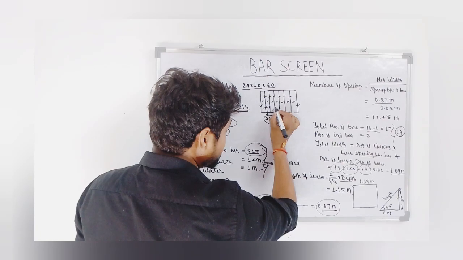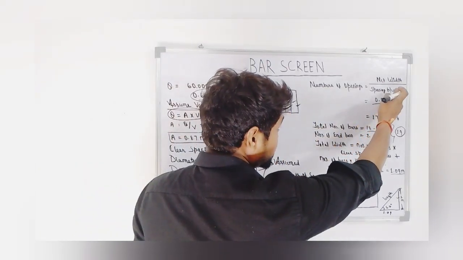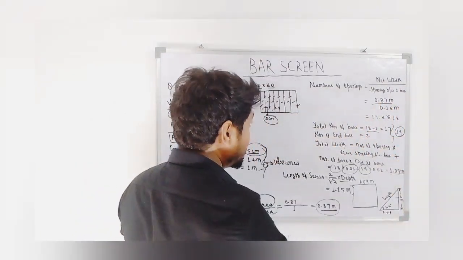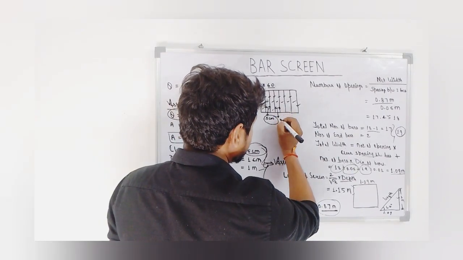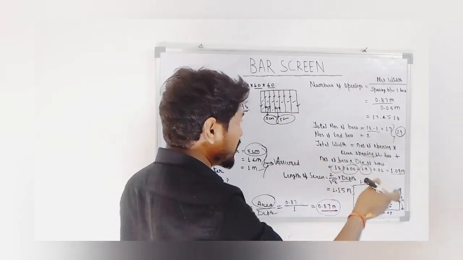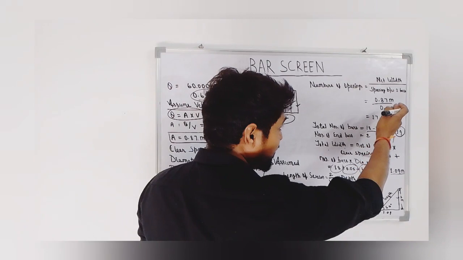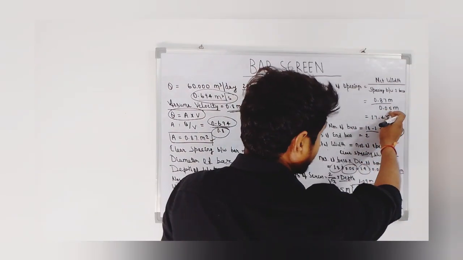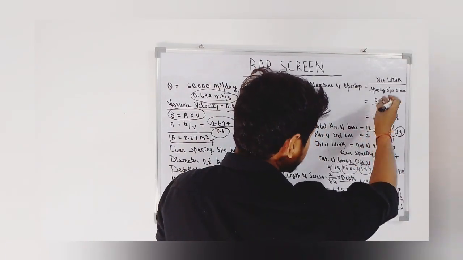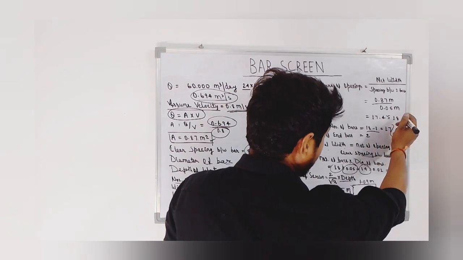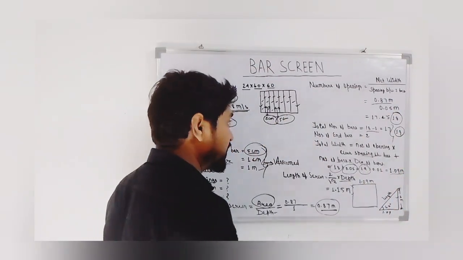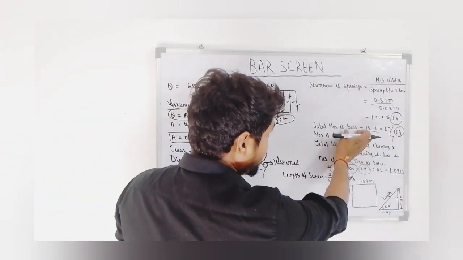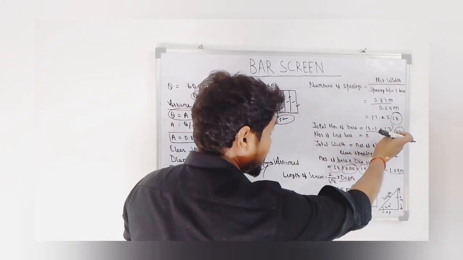So the distance between two bars is called the spacing between two bars. The spacing is 5 cm, but when we calculate in meters, we divide by 100 so we get 0.05 meter. So from this formula we have calculated approximately 18 openings. So total number of openings is equal to 18 minus 1, that is 17.